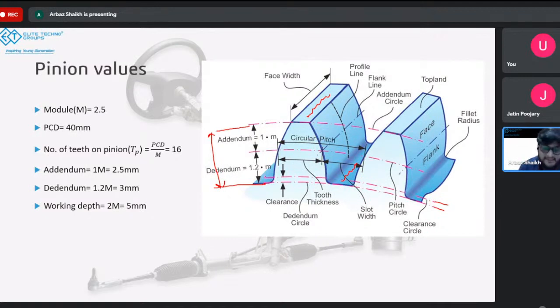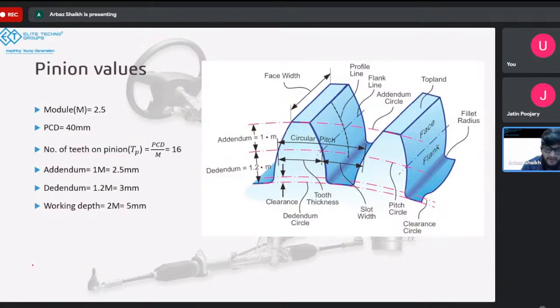It is given by defining the working depth, and the working depth of the pinion is given by 2m. It is also an empirical relation, and that's how we know the working depth is 5 mm. If you add these two up, it will be 5.5, and the working depth is 5 mm. We can say the clearance between this is 0.5 mm. So over here, it will be 0.5 mm.